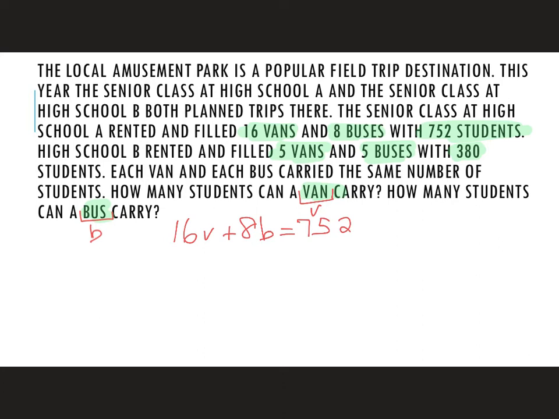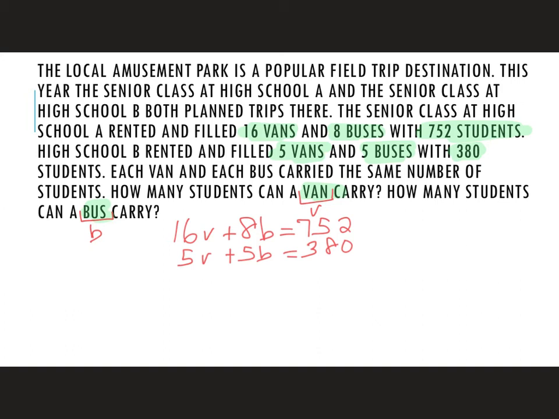High School B had 5 vans and 5 buses to carry 380 students. So this time, I do not have the same coefficient for either of my two variables. So I'm going to need to multiply one or both of my equations. Neither of these are factors. 5 is not a factor of 16, and 5 is not a factor of 8. So I'm going to need to multiply both of my equations.